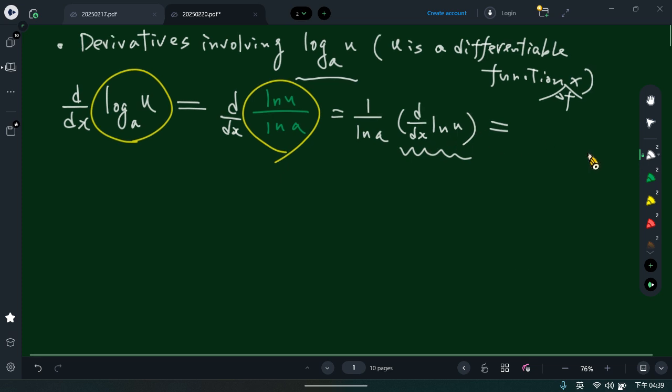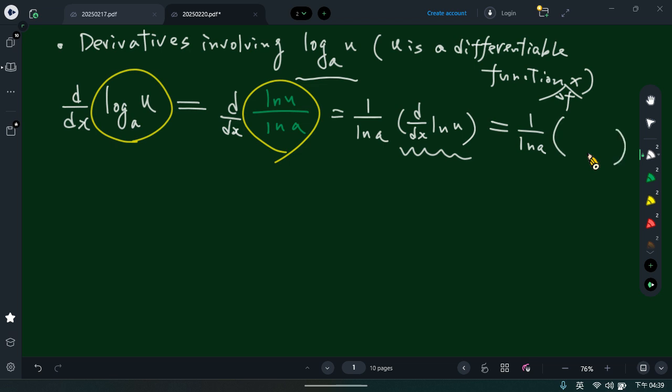That will be 1 over ln a, times the derivative of ln u. If you differentiate this part, you get 1 over ln a, times 1 over u, times du/dx.